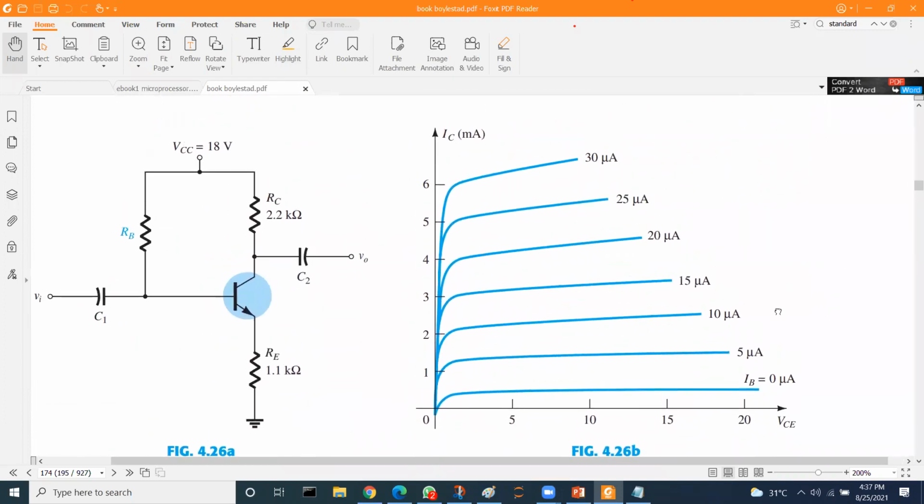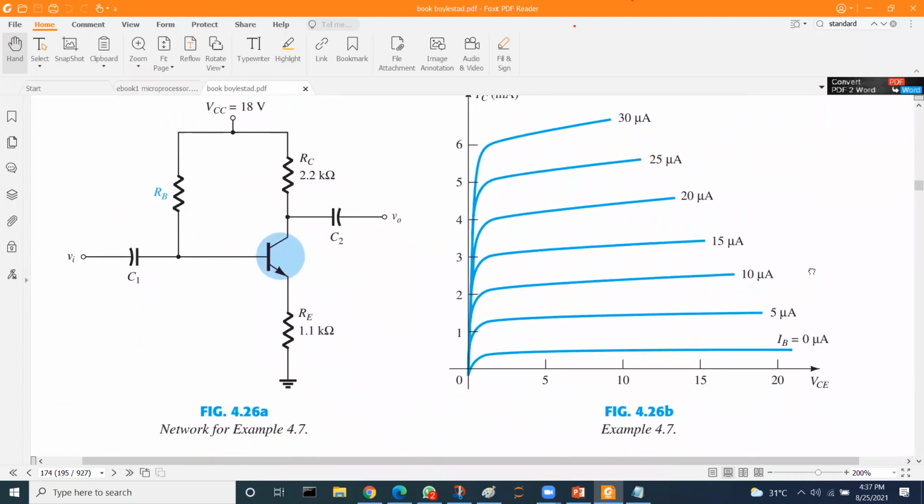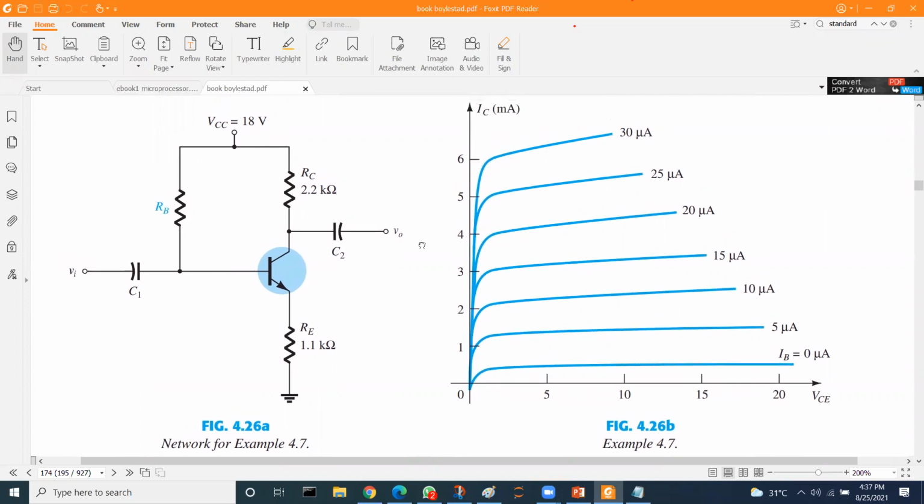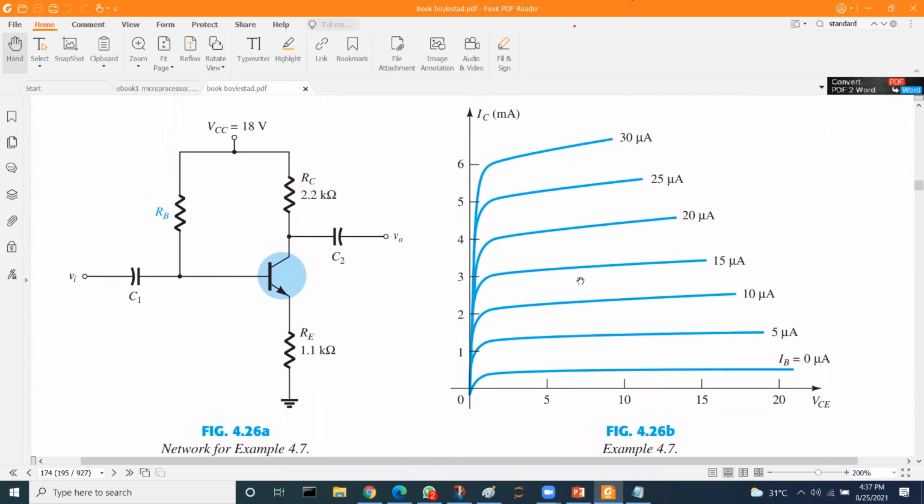Okay, in this figure, different values are given, and some values which are not given, like RB, and the graph is given. So we can easily point out that there is 18 volt VCC. So we just write, let's say there is 15, 16, 17, and then 18.